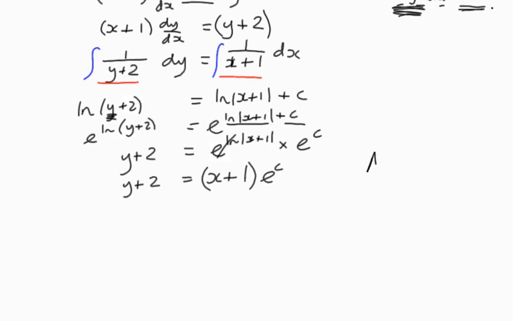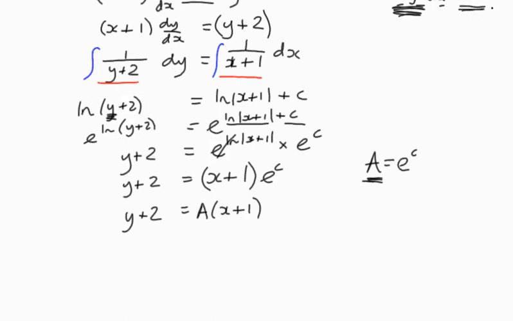So what we tend to do in this kind of topic is, rather than keep e to the c, we replace e to the power c with a capital letter A. It's just a multiplier. Instead of our constant term c, which is usually a term that's added or subtracted, because this is a multiplying constant, we tend to introduce a different letter.